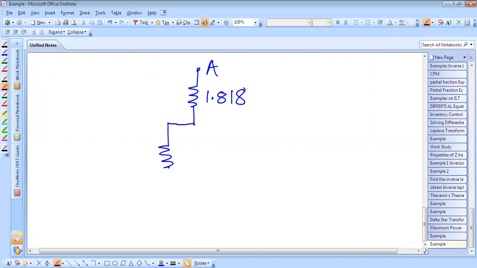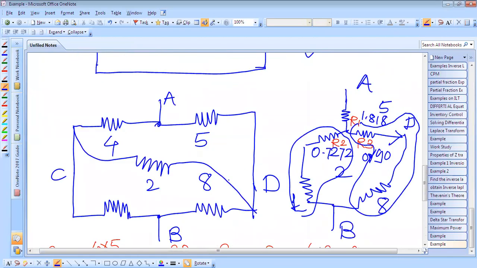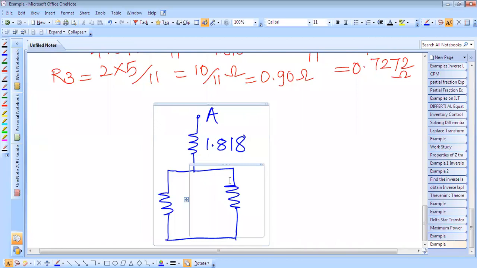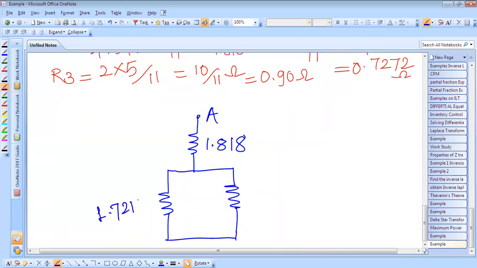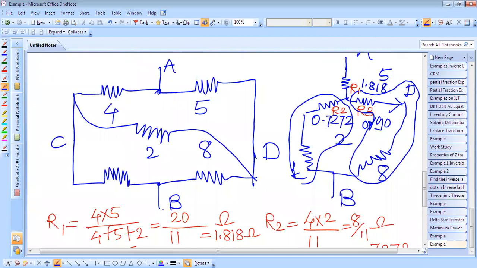This is one branch. This is another branch. And therefore, yes, this is 1.7272 ohm, and this is 1.818.